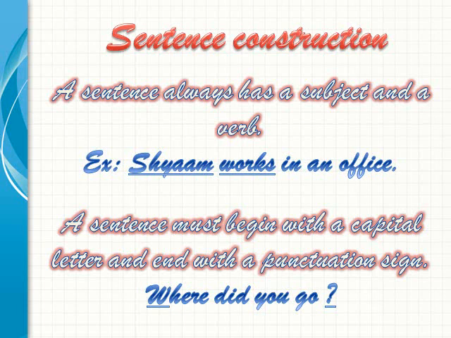If we take one more example, like Sham works in an office, in this sentence Sham is the subject part and the verb is works. So in this sentence also we get a complete meaning.